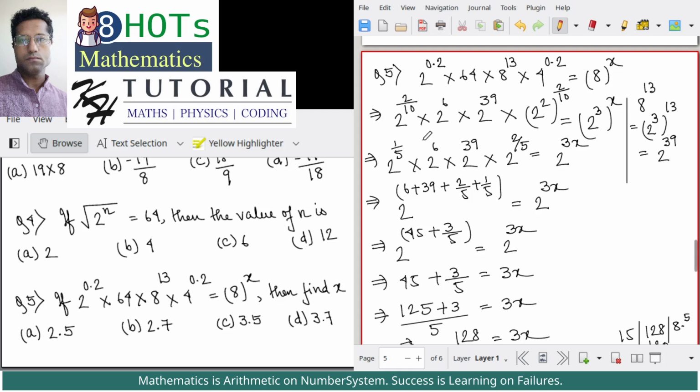Okay. Next step, LHS is 2 to the power 1 by 5 multiplied by 2 to the power 6 multiplied by 2 to the power 39 multiplied by 2 to the power 2 by 5 is equal to 2 to the power 3x. So now we have 2 to the power 6 plus 39 plus 2 by 5 plus 1 by 5 is equal to 2 to the power 3x.